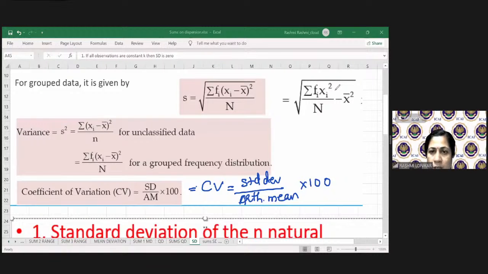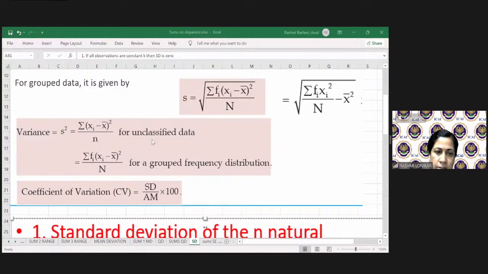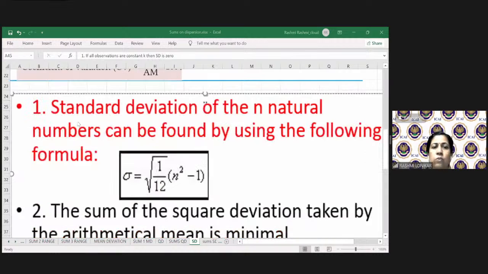एक बहुत अच्छा फॉर्मूला है. This is a very good formula that you can use. Standard deviation of n natural numbers can be found out by this formula. Standard deviation, sigma, is equal to square root of 1 upon 12 into n square minus 1.